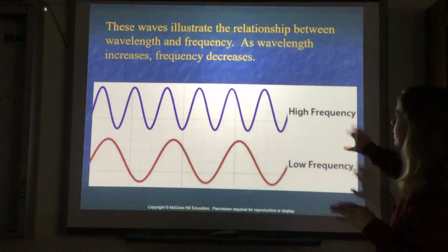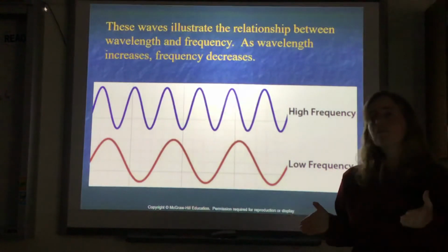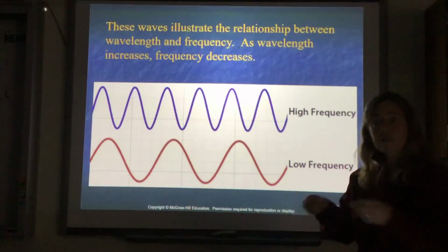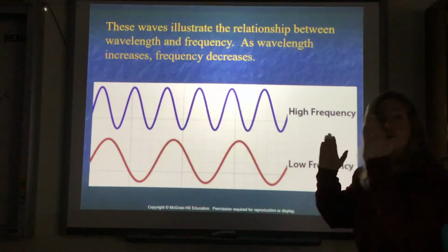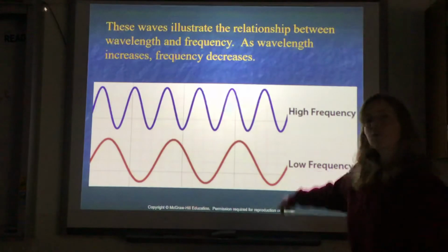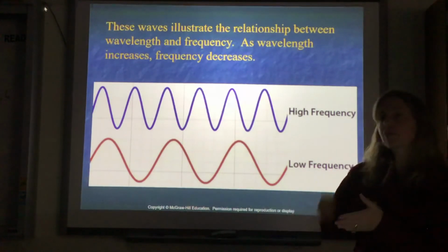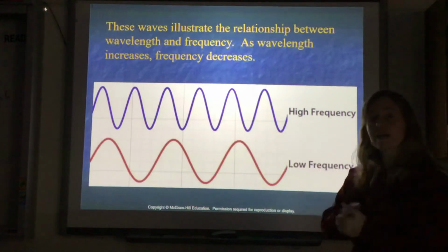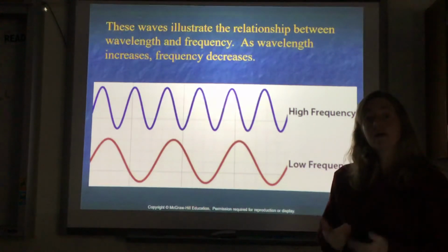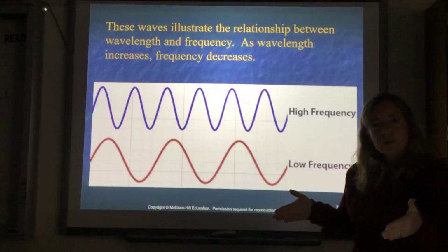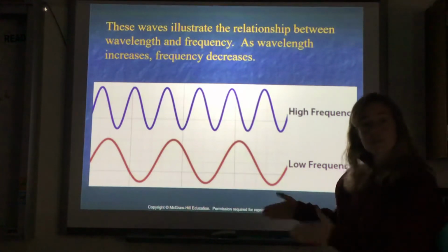All right, so now look at these waves. If you have waves that are longer, so the distance between them is greater, you're going to have a lower frequency. And that makes sense, right? Because when you're doing frequency, you're counting how many waves pass a given point in 1 second. If the waves are further apart, not as many waves are going to pass through a given point.